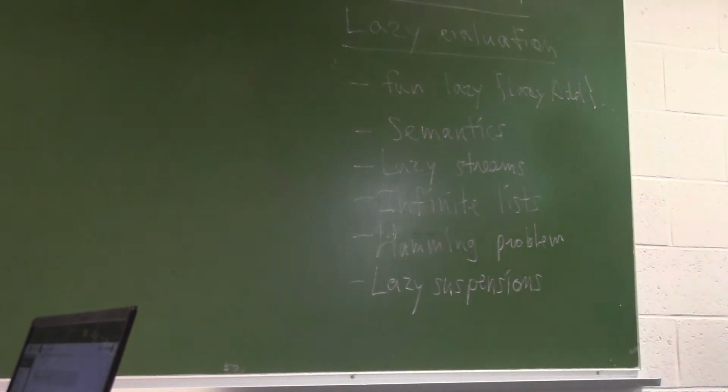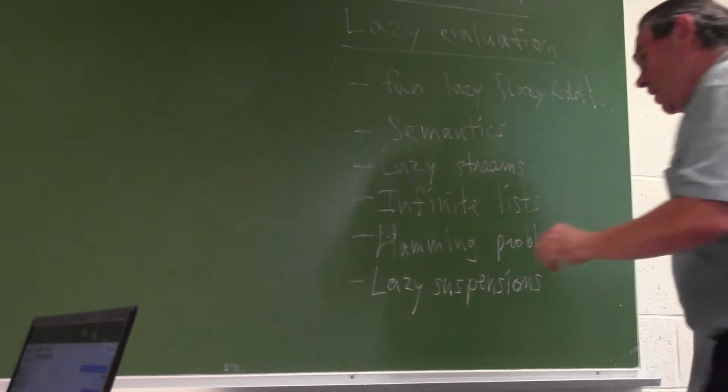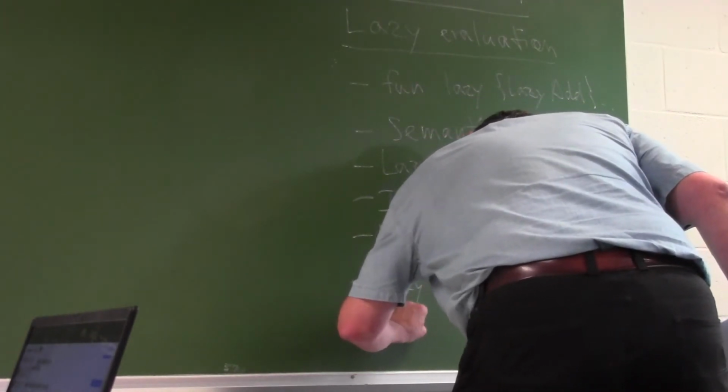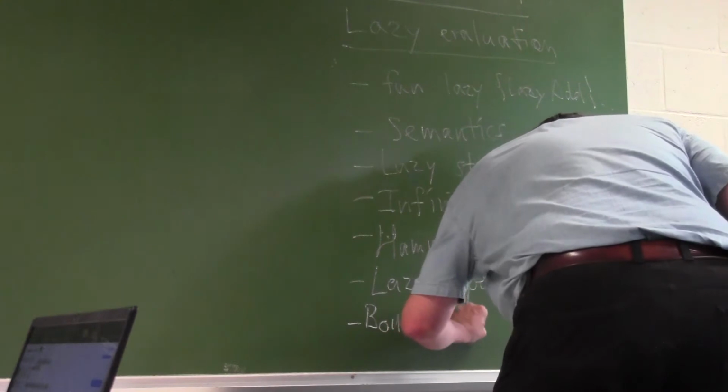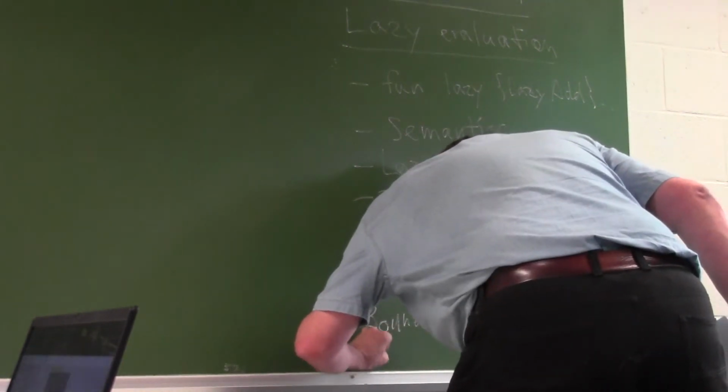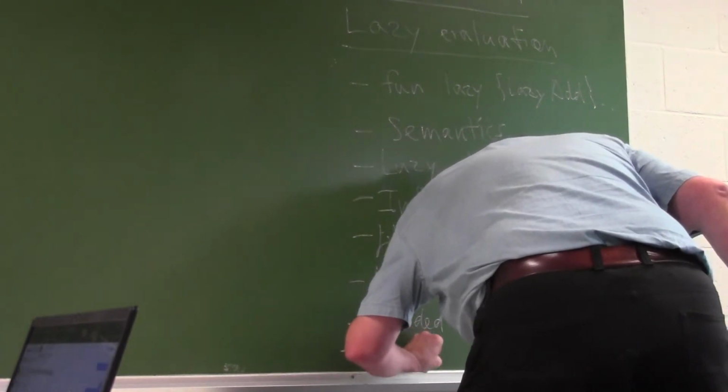In this course, it's not enough for you to program with lazy. You have to understand how it works also. And then I'll give a more sophisticated example called the bounded buffer. And I will end with lazy quicksort.